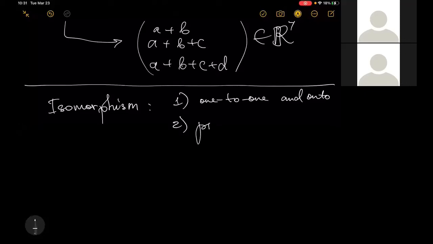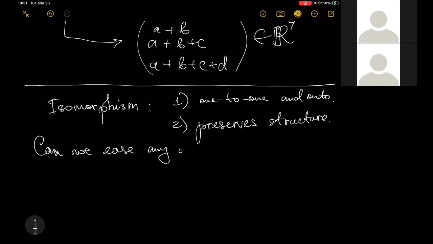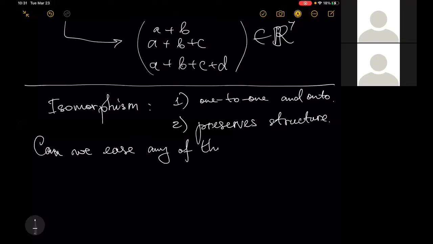Second, preserves structure, right? Can we ease any of these requirements?